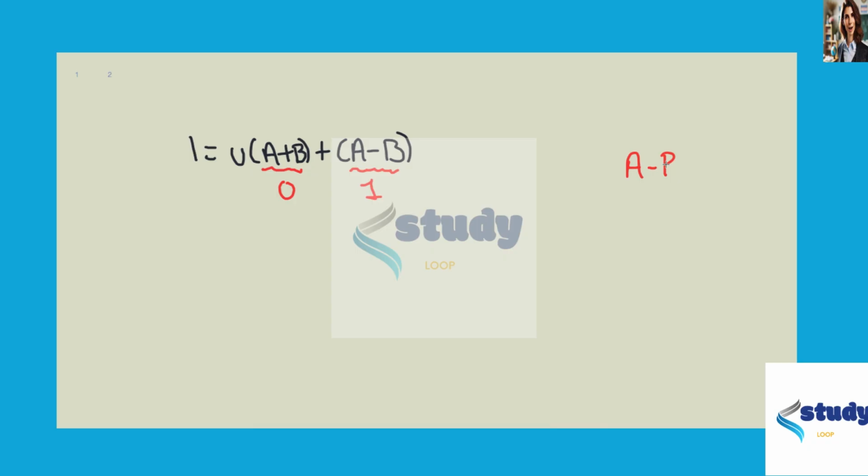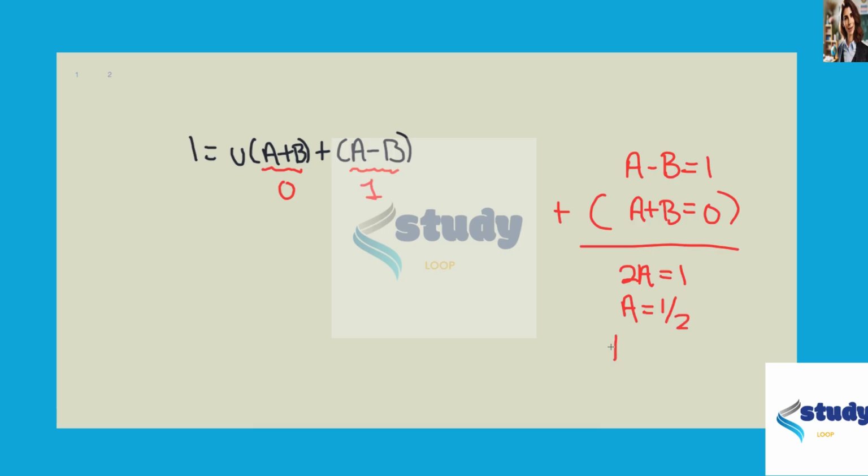So we have a 2 by 2 system. Let's go ahead and add those together. We get 2a equals 1. That means a is a half. And therefore b will be negative 1/2 by using the second equation here.